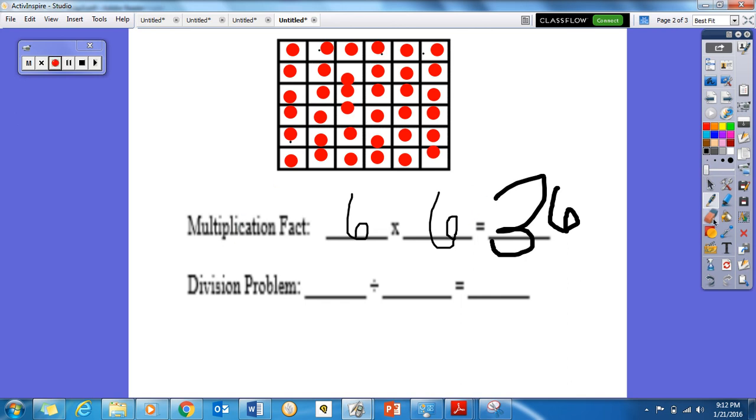Now, to divide with an area model, to look at a division problem, when we already counted it, we saw that we had 36 items in all. So we had 36.